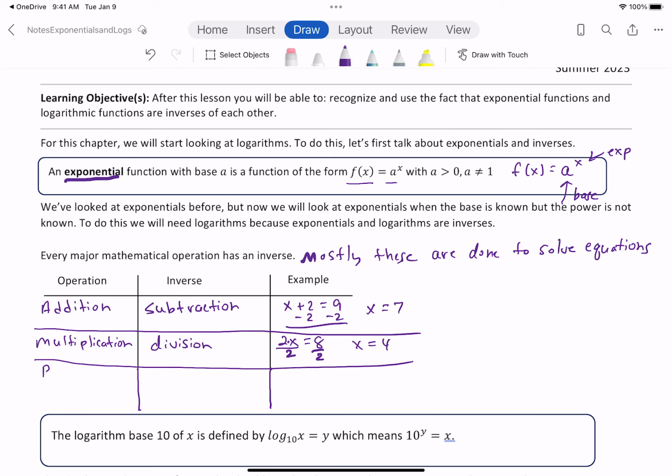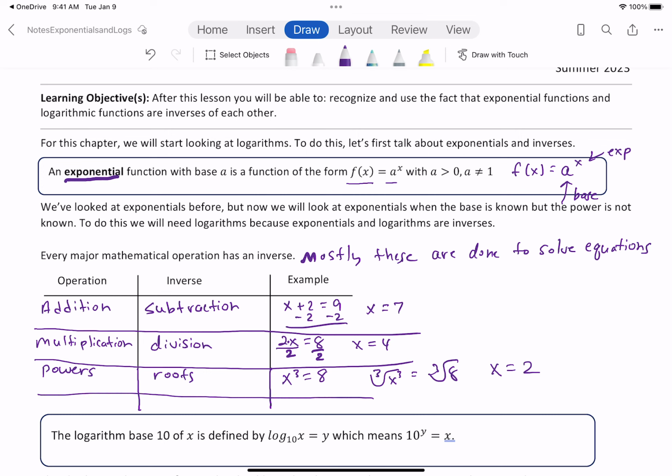And more recently, we've learned that powers and roots are inverses. You remember we looked at equations like this. If our variable was raised to a power, the inverse of the power was to take the root. You remember that we took the cube root of both sides to get that x by itself.